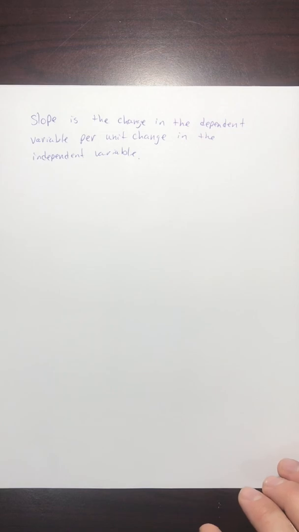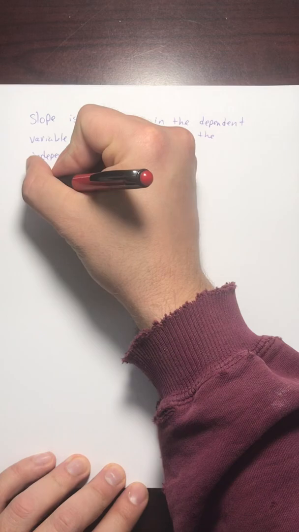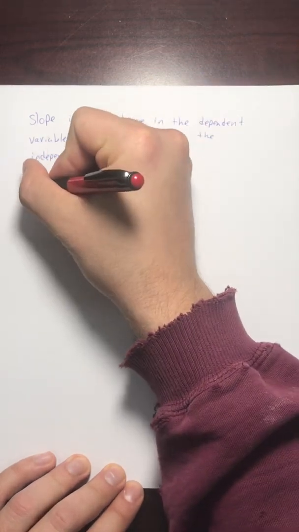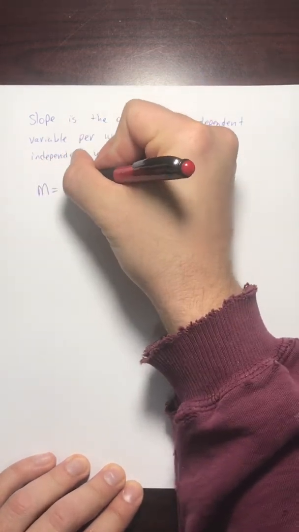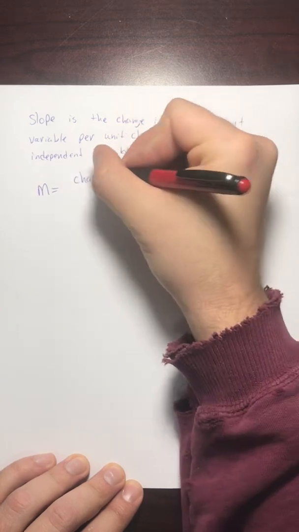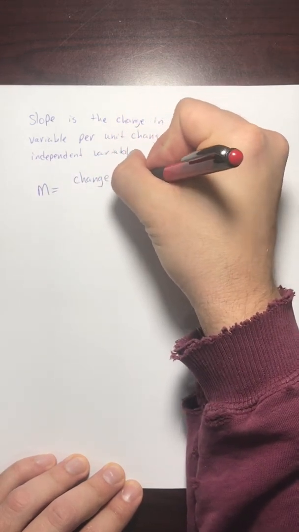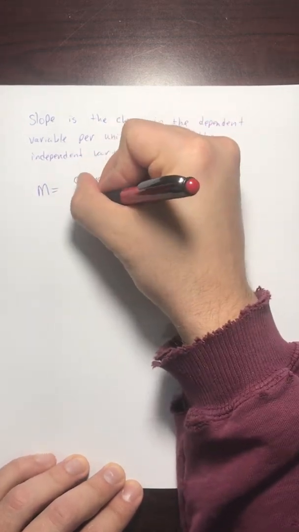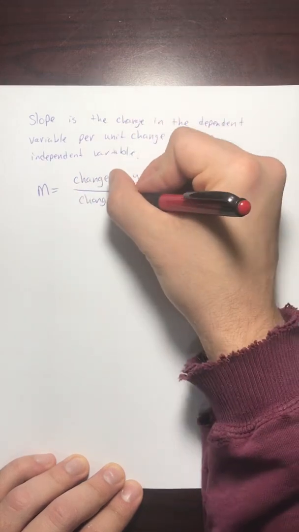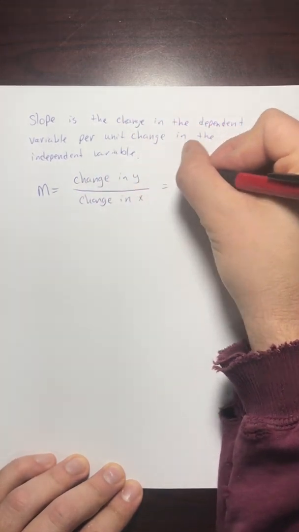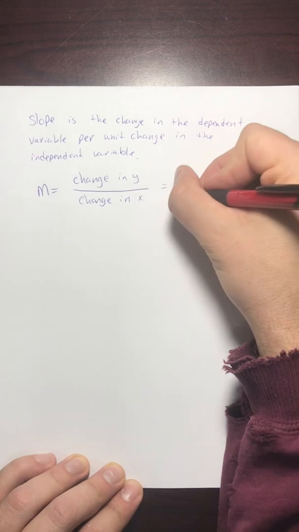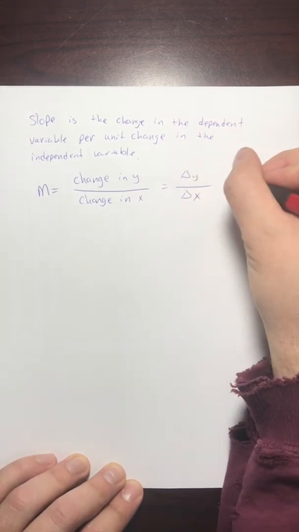Definitely avoid using something like rise over run. That's nonsensical. Slope is the change in the dependent variable per unit change in the independent variable. And we denote this using m. So the change in the dependent is the y, and the change in the independent is the x, so we can use delta notation.